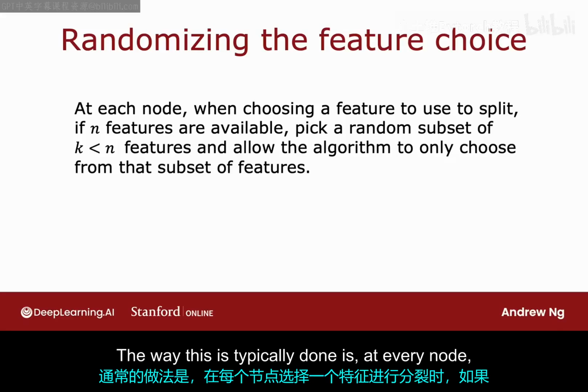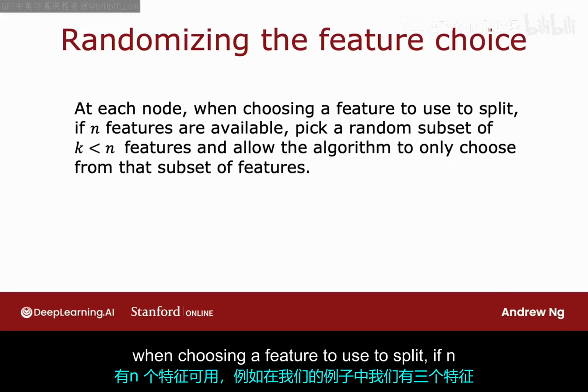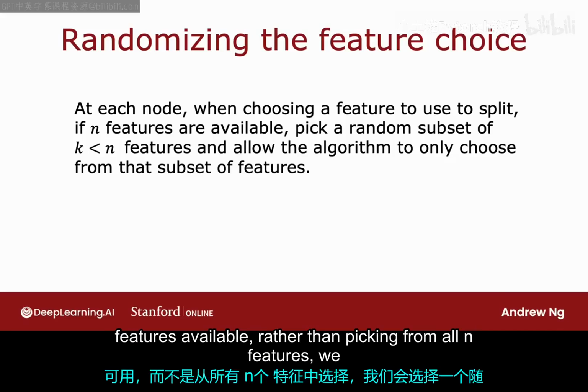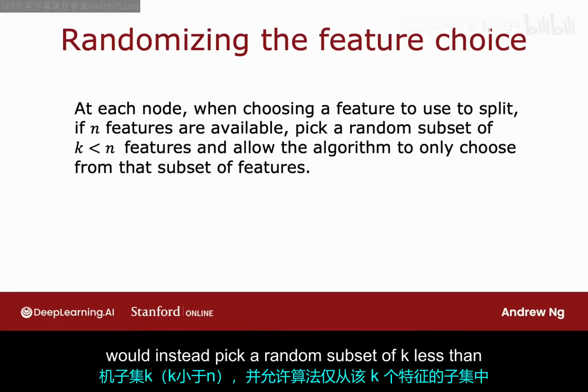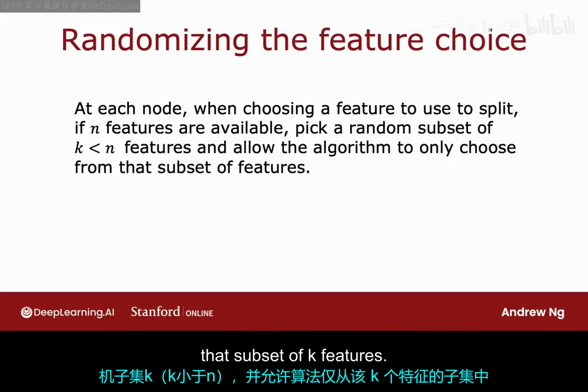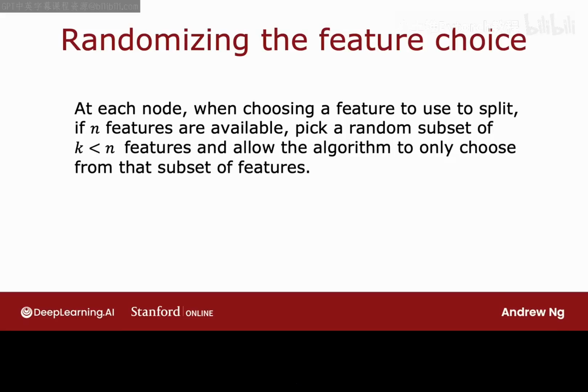The way this is typically done is, at every node, when choosing a feature to use to split, if n features are available, so in our example, we had 3 features available, rather than picking from all n features, we would instead pick a random subset of k less than n features and allow the algorithm to choose only from that subset of k features.